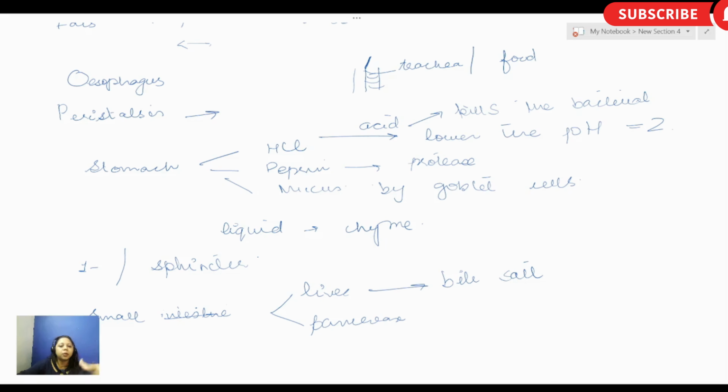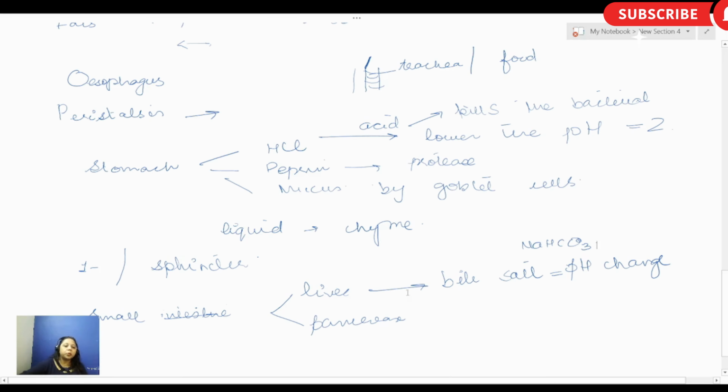It deactivates because the pH changes, and that pH is changed by this bile salt. There is sodium hydrogen carbonate over here, which increases the pH. And this whole process in which the bile breaks the bigger fat molecules into smaller droplets is known as emulsification.